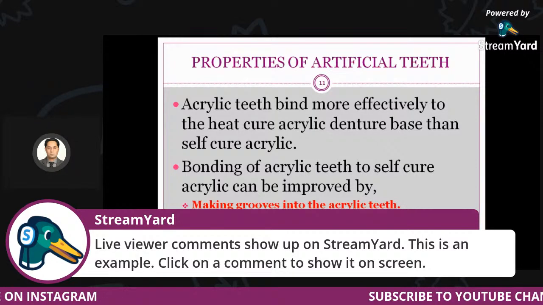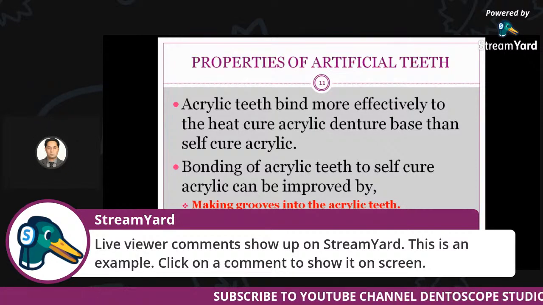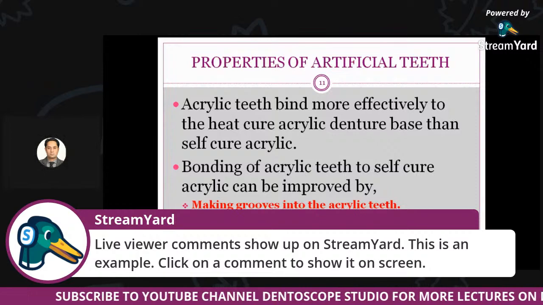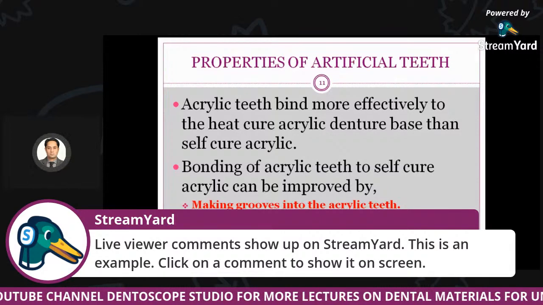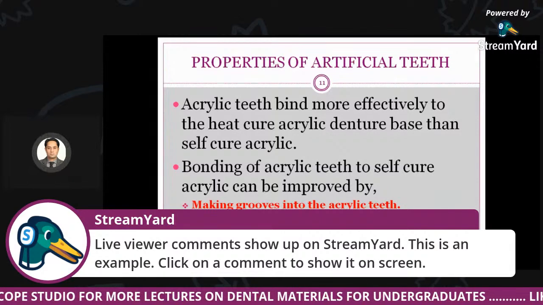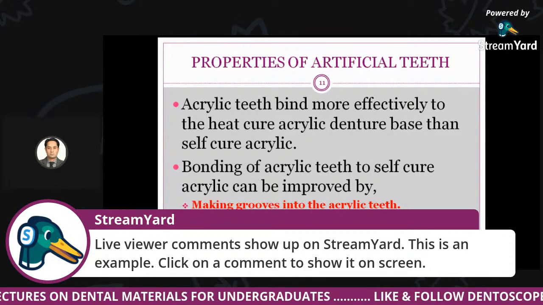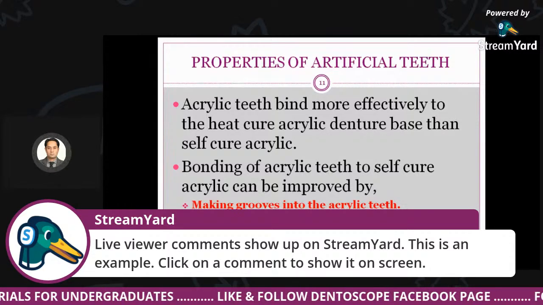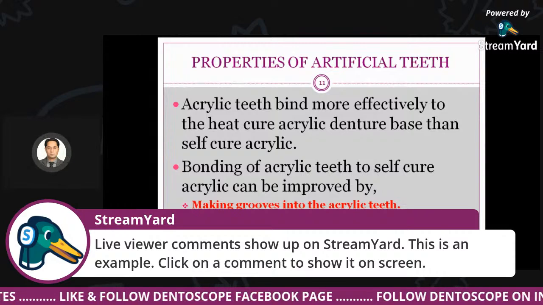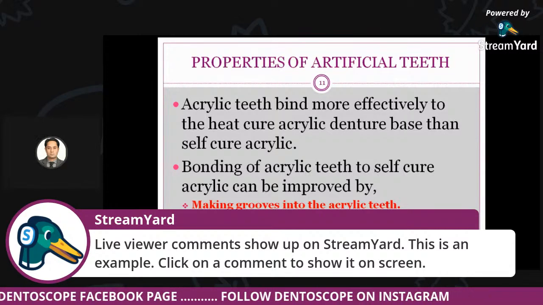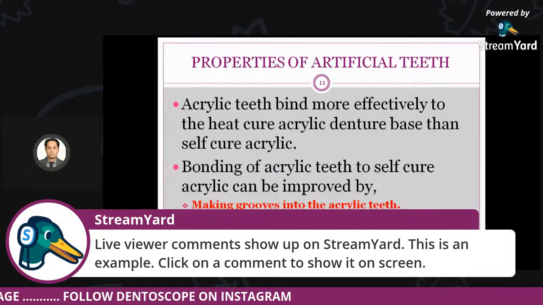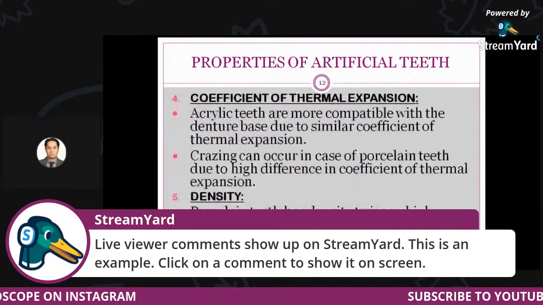And he can also treat the base of the acrylic teeth with some sort of solvent so that it gets soft and easily adheres with the self cure one. For heat cure, you don't have to do it because there is already a good bonding between acrylic teeth and the heat cure acrylic denture base.